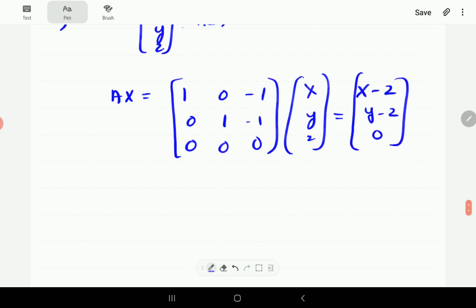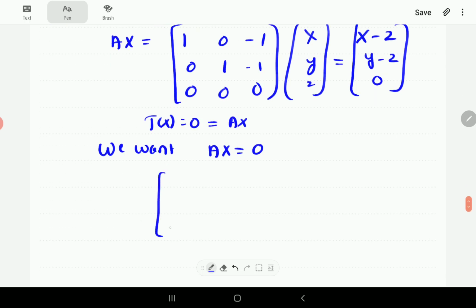Okay, so therefore we want, as per the definition, t of x to be equal to 0, which is ax here. So therefore we want ax to be equal to 0. That is, what is our ax here? By the definition, it is x minus z, y minus z and 0. This should be equal to 0, right? So therefore 0 0 0.